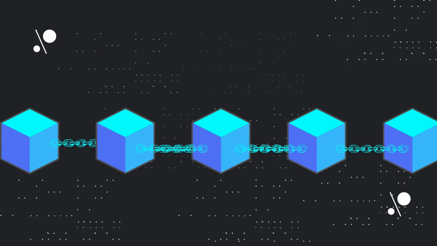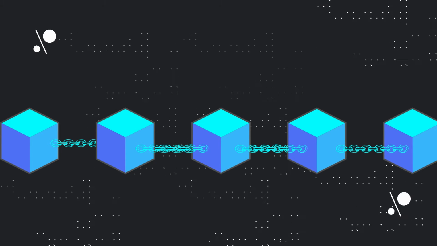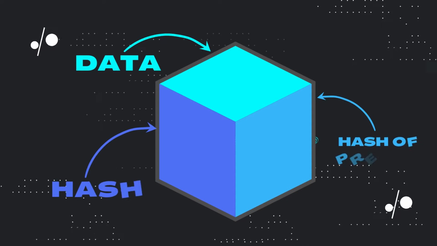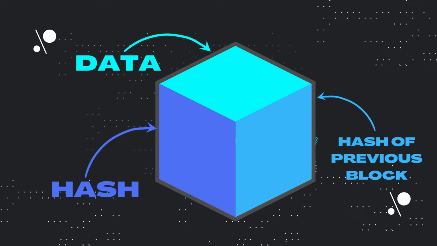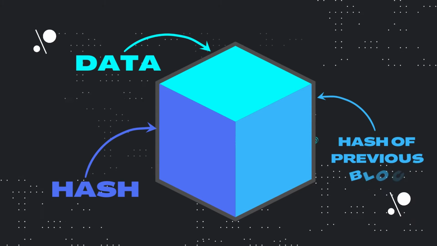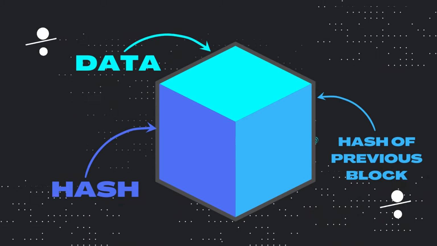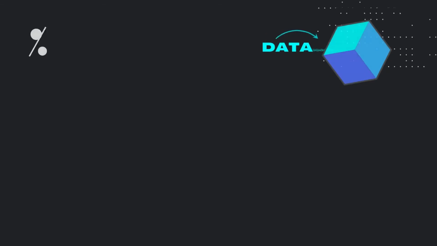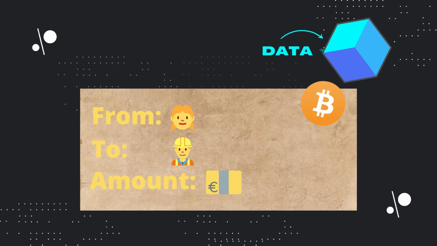So how exactly does this work? We can take a close look at one of the blocks from the chain. Every block stores some data, including the hash of its own block and the hash of the previous block. The data stored within a block is determined by the type of blockchain. For instance, the Bitcoin blockchain stores transaction details such as the sender, receiver, and amount of coins.